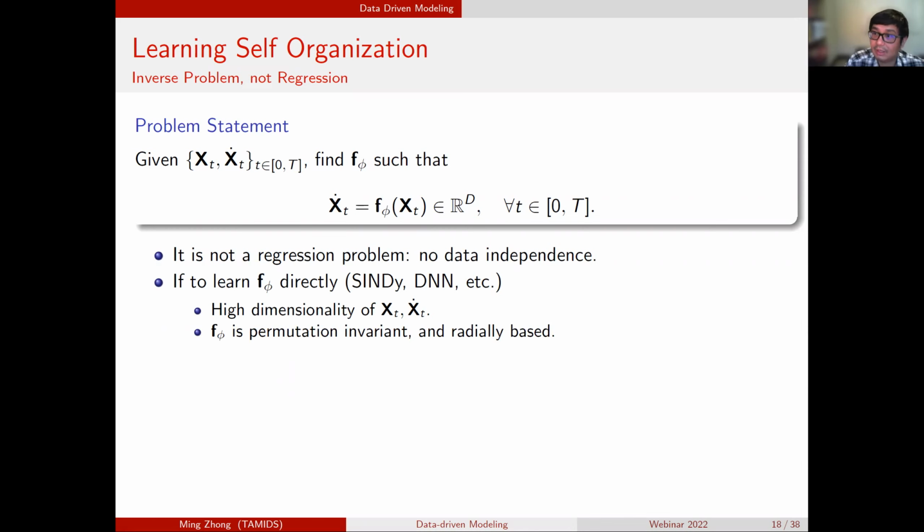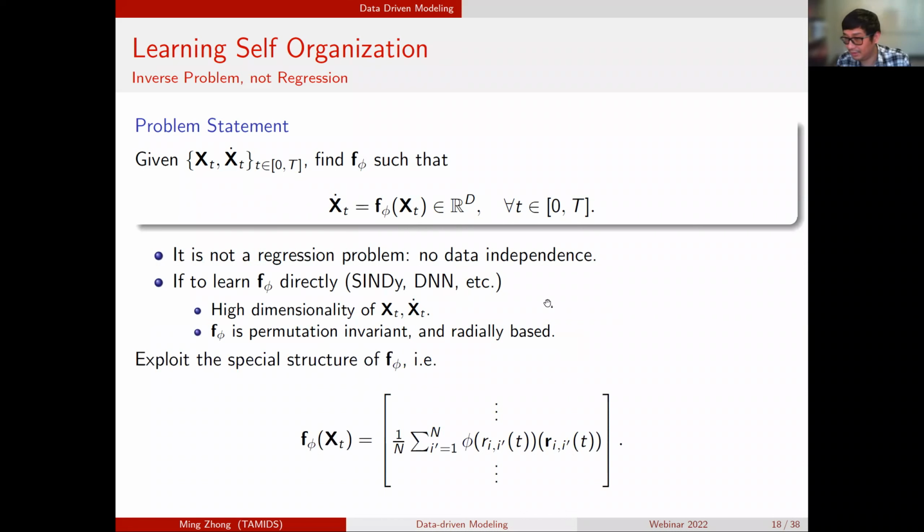Remember, it is independent of permutation: if I permute the positions of these agents, I still get back the same right-hand side. I need to build that in. Also, my right-hand side function is radially based; it doesn't care about the actual directions. If I build these two in, it will be a huge loss function even for a deep neural network to train. So we need to reconsider the special structure of this right-hand side.